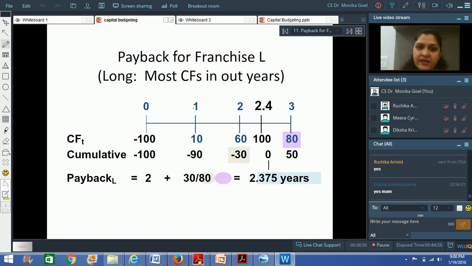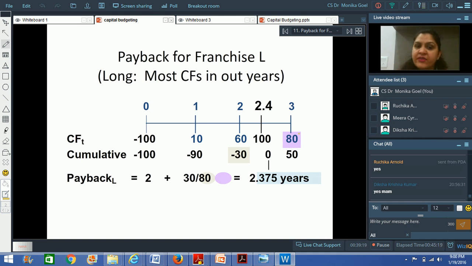Here CF stands for cash flow, T stands for time. So cash flow in time 0. On this line you've got 0, 1, 2, 3, 4, right? So in year 0, you are going to pay 100 rupees. There is an investment of 100 rupees.